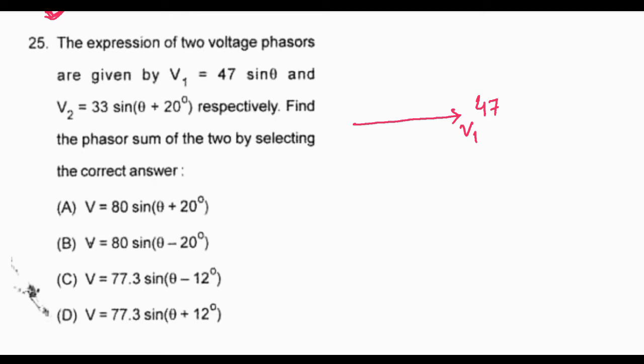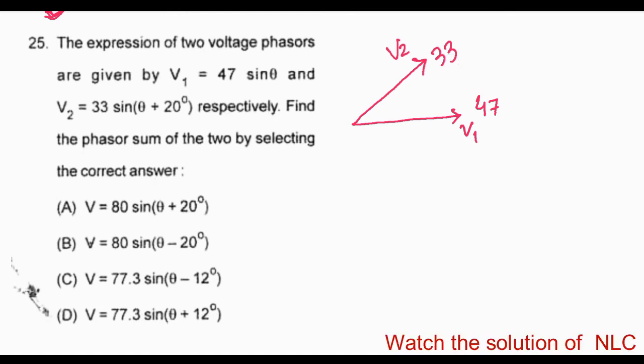Because here the answers are given in terms of maximum values, I am using the maximum values, but in case of phasor we always use the RMS value. Next one is 20 degree, that is V2. Here this one is V2 and its value is 33 and the angle between them is 20 degree.